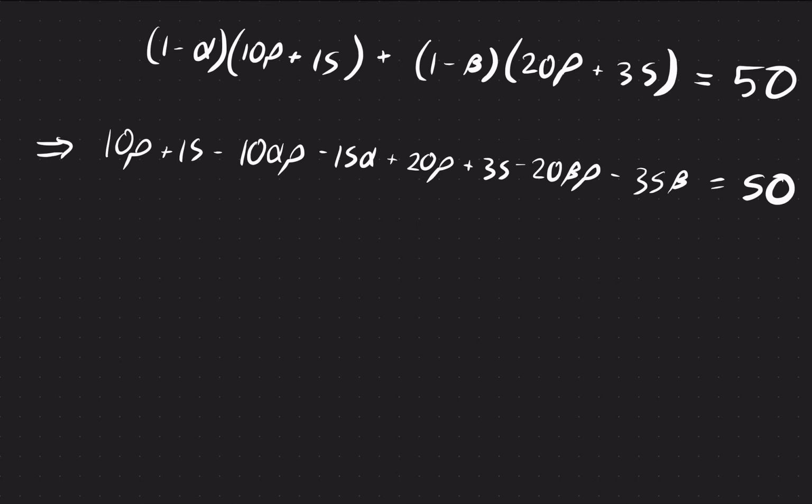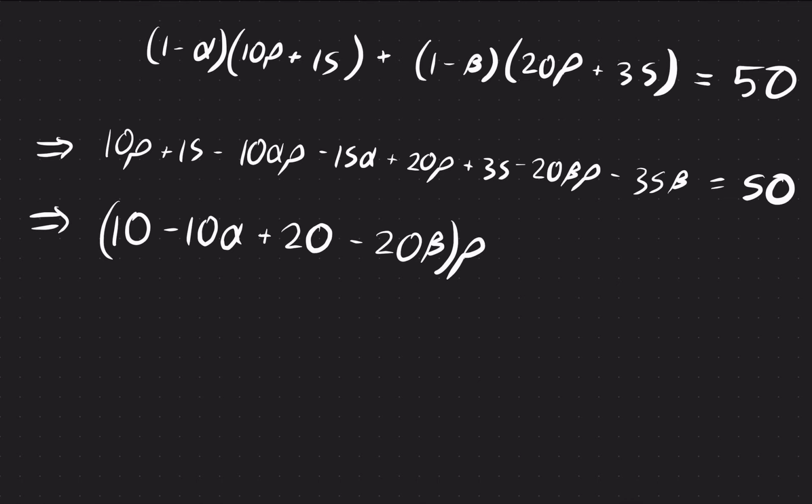So now we're going to collect all the like terms like we're back in algebra 2. We're solving for rho here. So we're going to have 10 minus 10 alpha plus 20 minus 20 beta. Those are the rho terms.